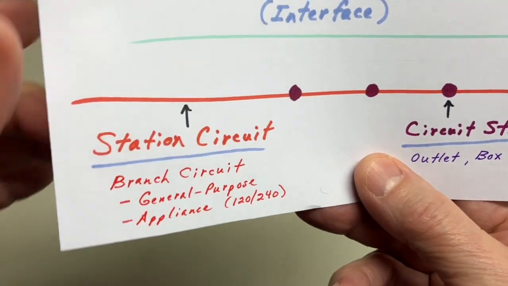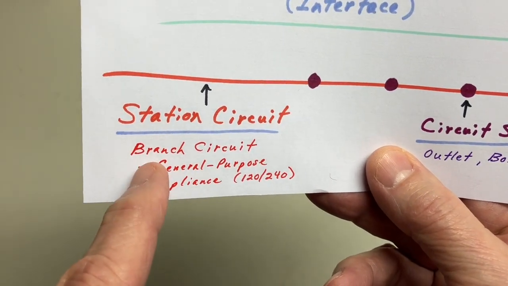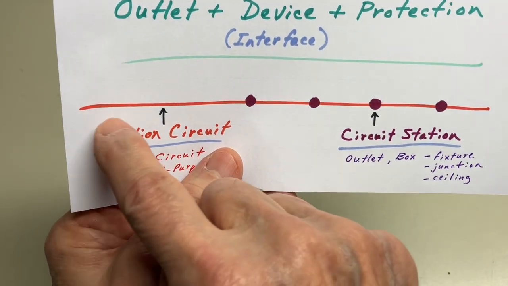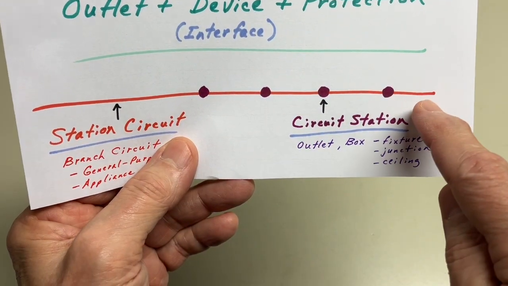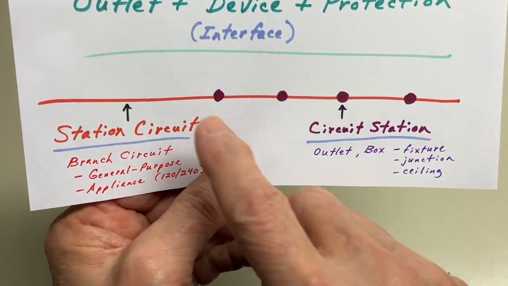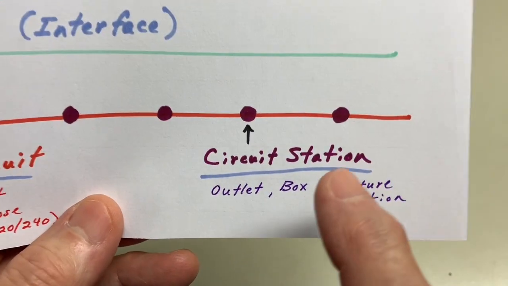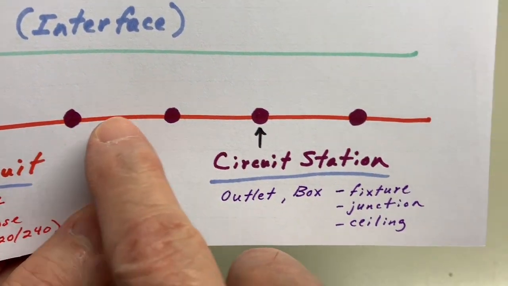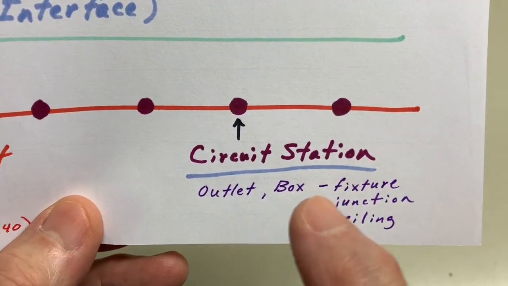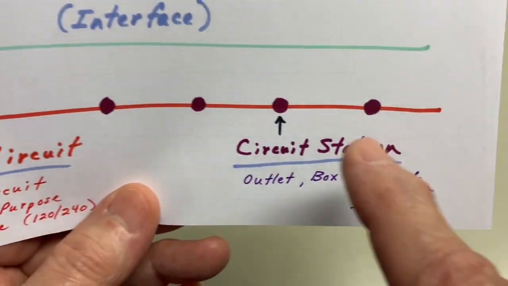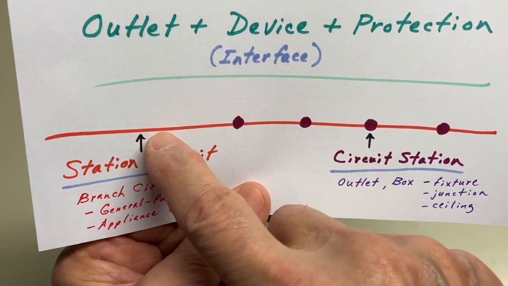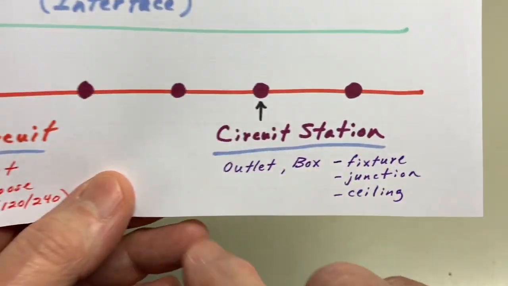But either way, it's commonly called an alternating current branch circuit. I call it a station circuit. And why do I call it that? Because on that circuit are stations. You can have quite a few, or you can have just one. But it's a circuit station. It's a station that is found in or on a circuit.